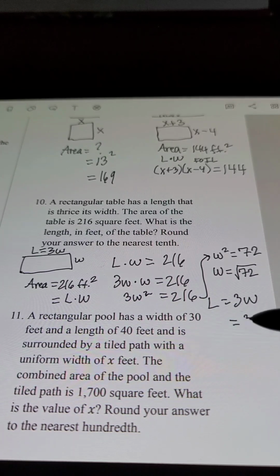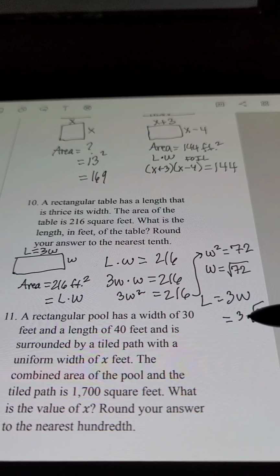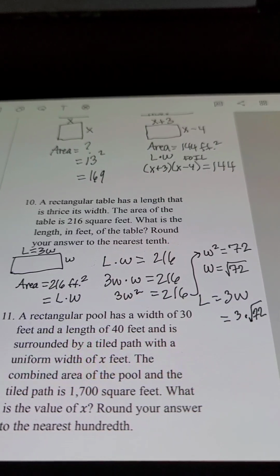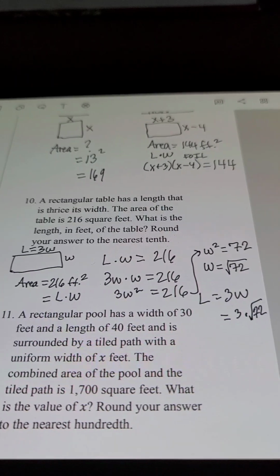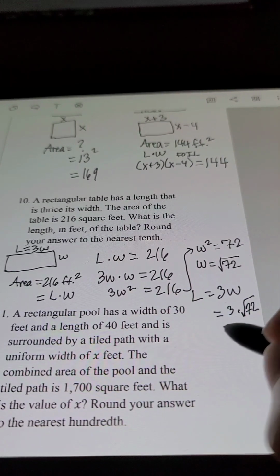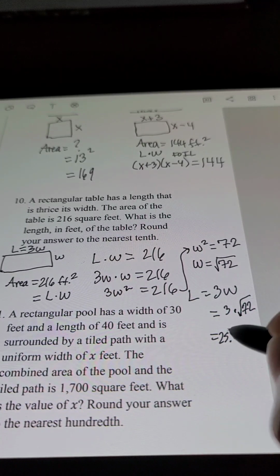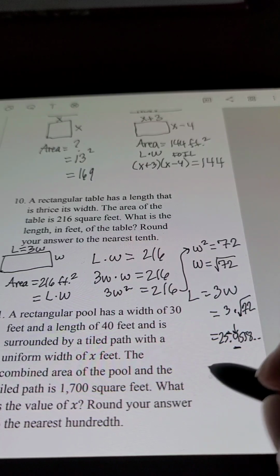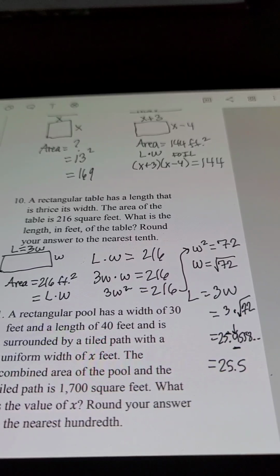So I know the length has to be 3 times that value of the square root of 72. So you can just plug that in your calculator and then round to the nearest tenth, like it tells you. So when you plug that in your calculator, you're going to get 25.4558, and so on. So we're rounding to the nearest tenth. Let's look at our neighbor. Our neighbor's a 5, so we're going to round up. So it would be 25.5 as our answer.